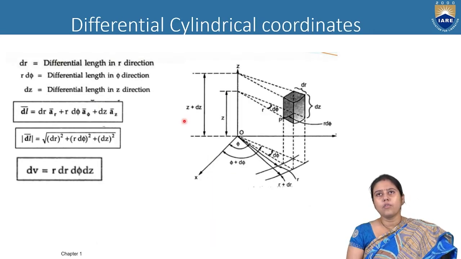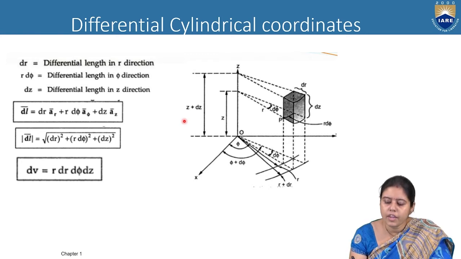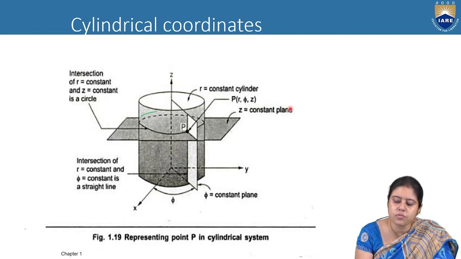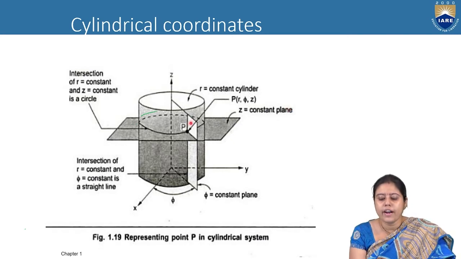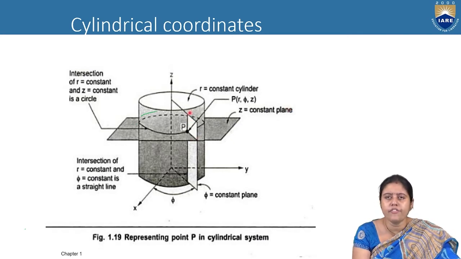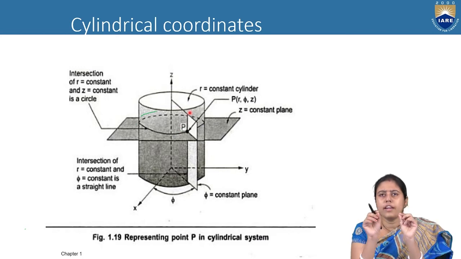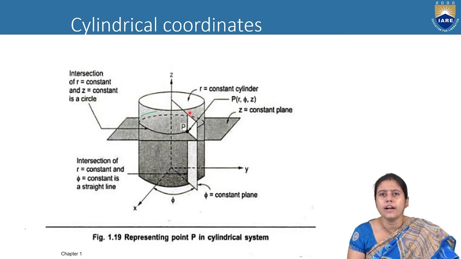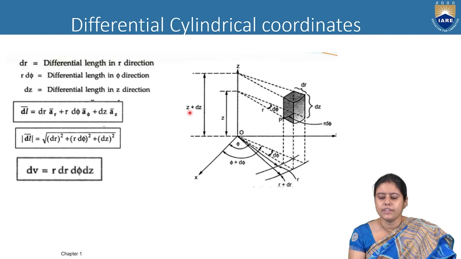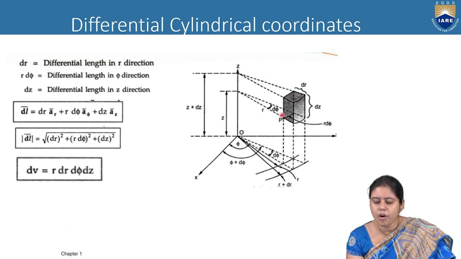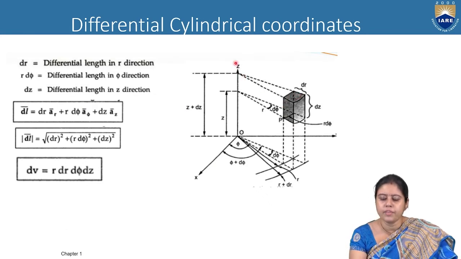In the cylindrical coordinate system, what is the meaning of the differential coordinate? If we cut a very small area from the cylinder, it will look like a Cartesian coordinate. So this is the small area we have cut from the big cylinder.